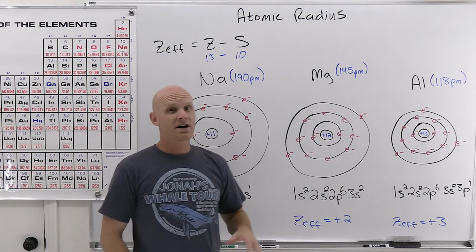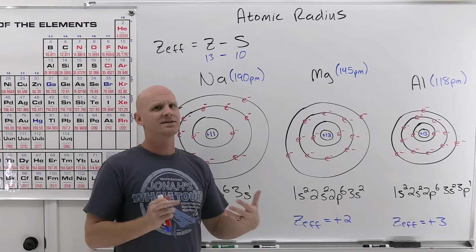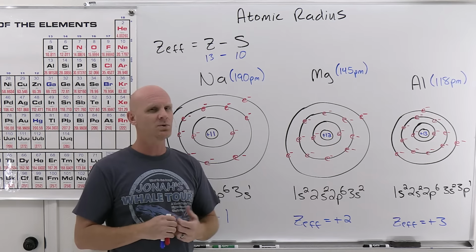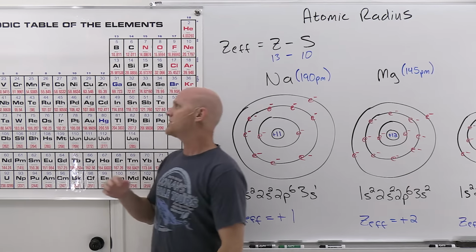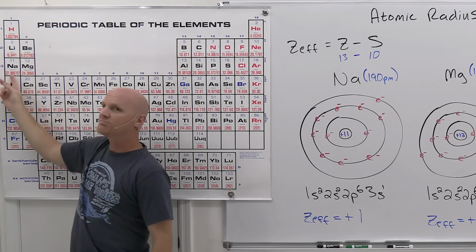And what's nice here is that if you want to look at the effective nuclear charge on the valence electrons, it turns out to be simply equal to the number of valence electrons. So the group 1 metals all have an effective nuclear charge on the valence electrons of +1.